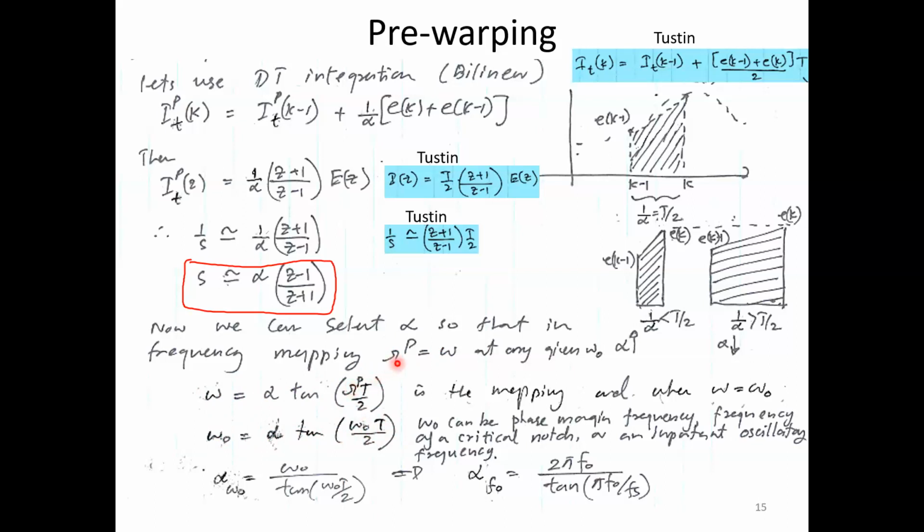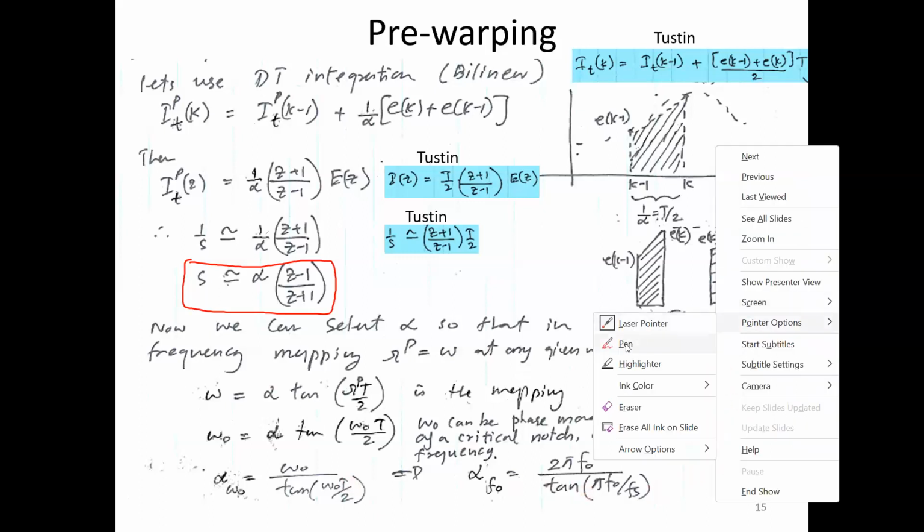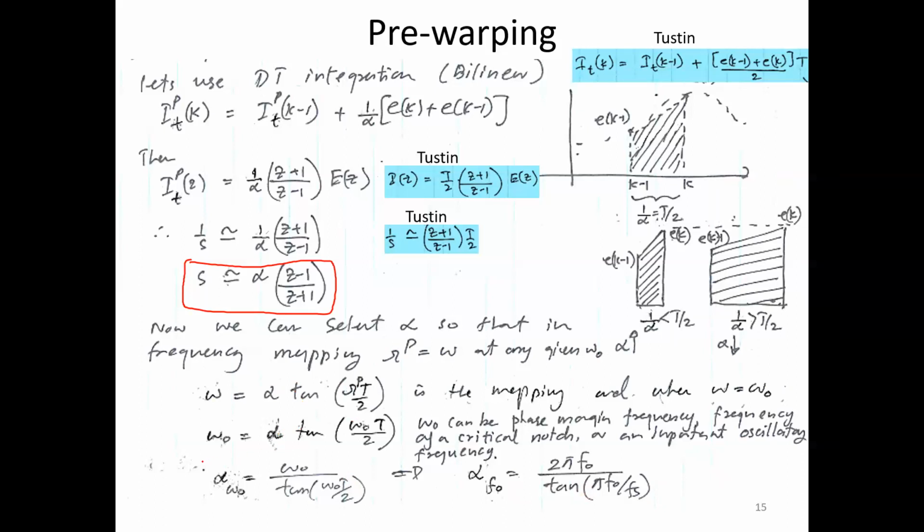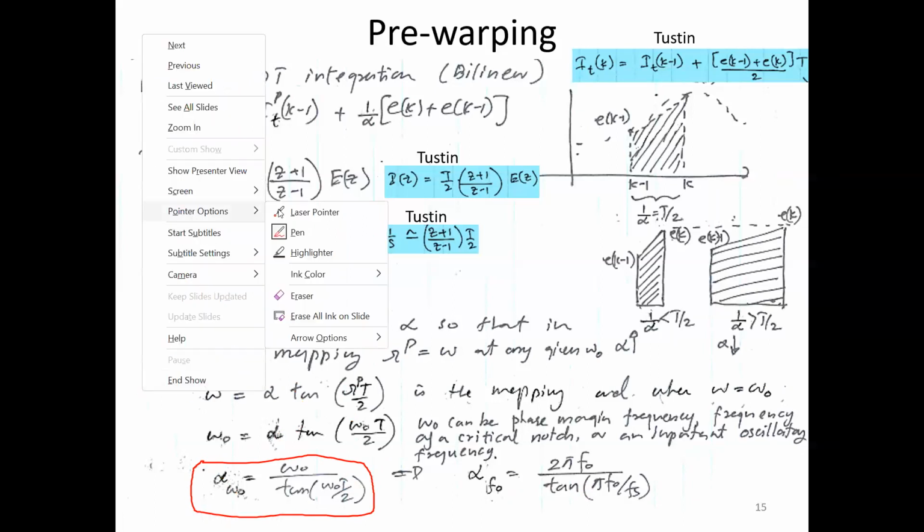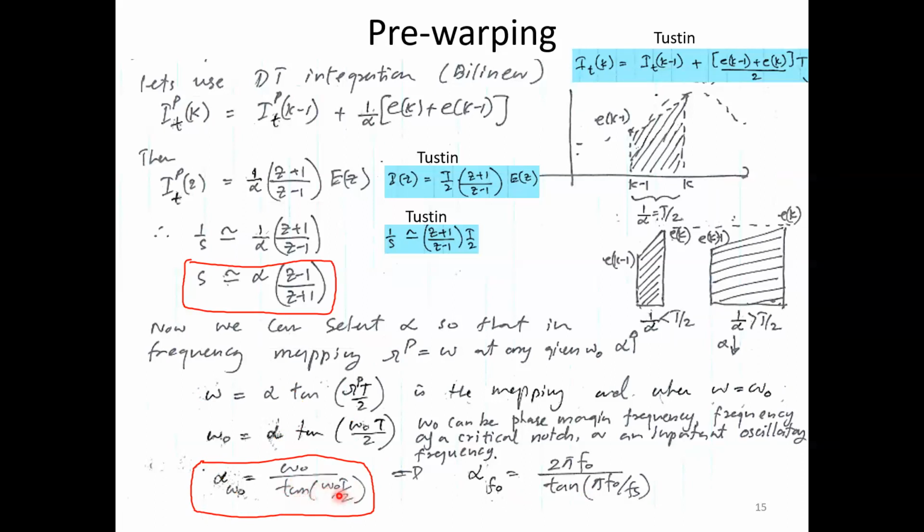So at omega 0, omega simple and omega capital with pre-warping are equal, and you get alpha calculated this way, right? So from this equation, you can calculate alpha. Let's call it alpha subscript omega 0. This is the alpha for zero distortion at omega 0 frequency, right? That particular frequency, whatever it is, omega 0 over tan of omega 0 T over 2. Clear?